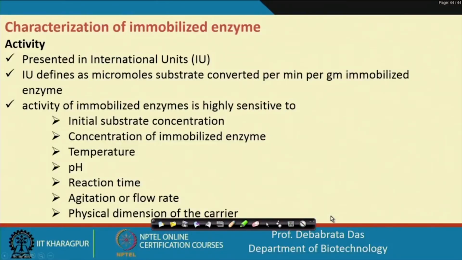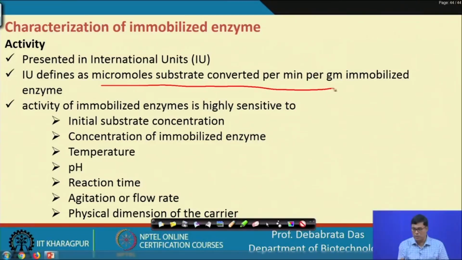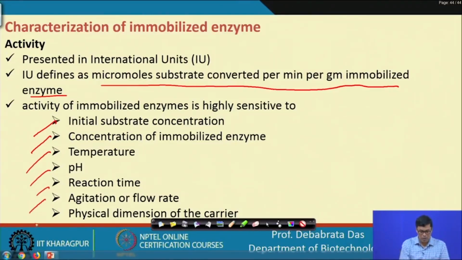Now, the next question that arises: how do you express the activity of the enzymes? The activity of the enzymes can be expressed as micromoles of substrate converted per minute per gram of immobilized enzyme. This is how the activity is expressed, and the activity of immobilized enzyme is highly sensitive. It depends on several factors. One is the initial substrate concentration, temperature, pH, reaction time, agitation or flow rate, and the physical dimension of the carrier.